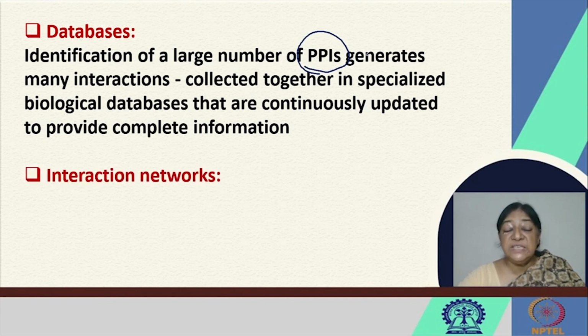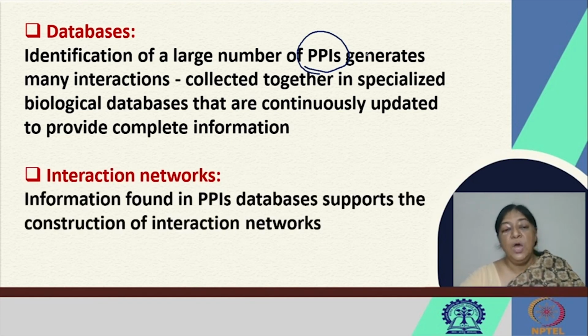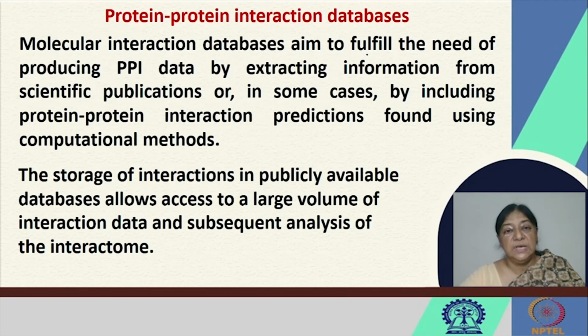There are specific interaction networks that are possible, where construction of these interaction networks gives us an idea about how the interactions occur and which proteins can interact with which other proteins. So based on that, there are protein-protein interaction databases that are obtained from extracting information from scientific publications, and other protein-protein interaction predictions can be found using these computational methods.